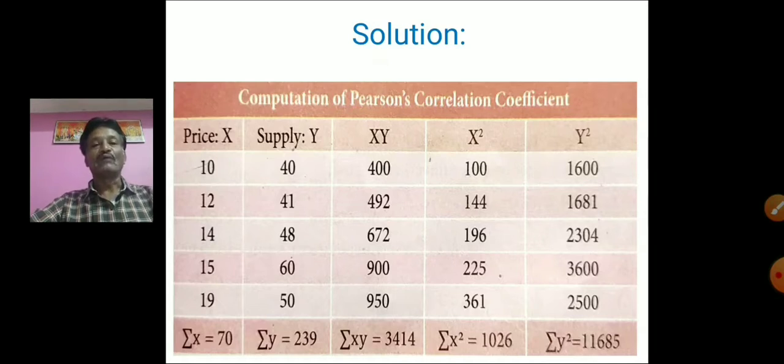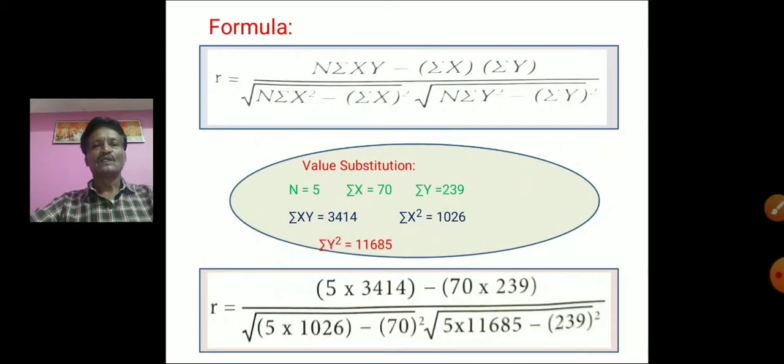And here n equal to 5, because for x and y we are having 5 values, so n equal to 5. So all the 6 values we have calculated. So now what we have to do is substitute the values in the formula.